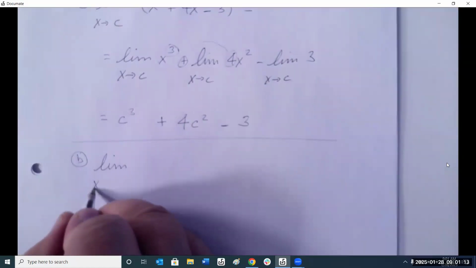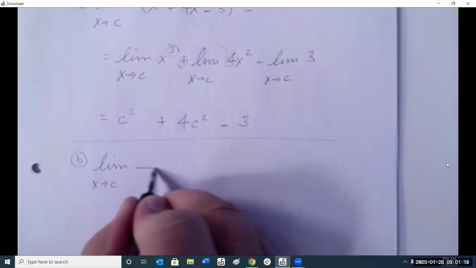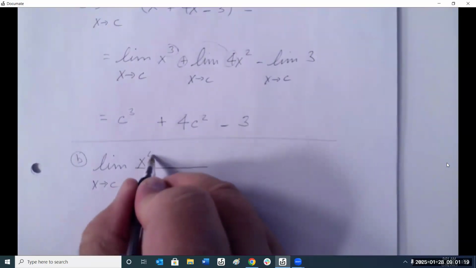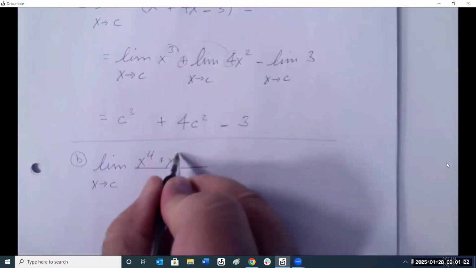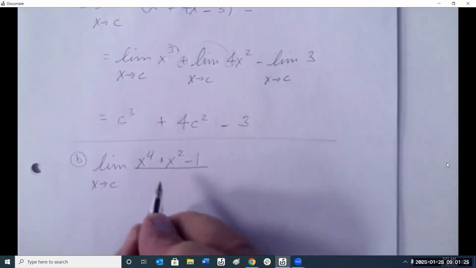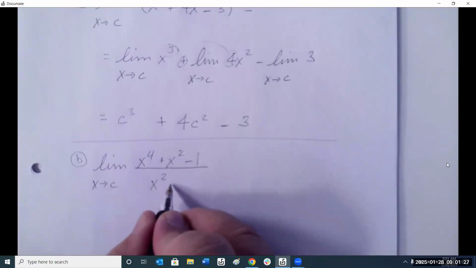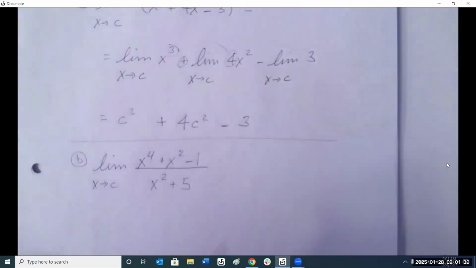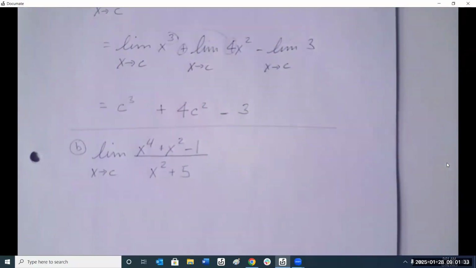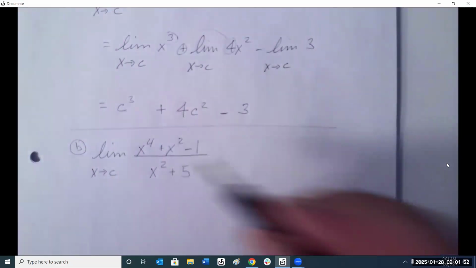The limit as x approaches c of x to the 4th plus x squared minus 1 over x squared plus 5. This is the quotient rule, because it's a fraction.